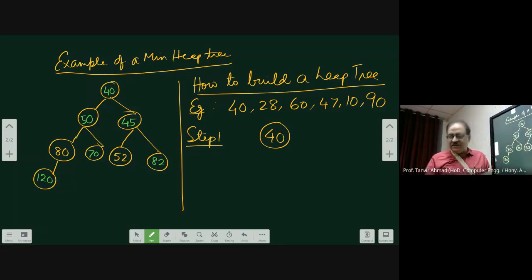Obviously, it is a complete binary tree, and of course, it is bigger than all its children, and there are no children. It is biggest. Now, at step 2, I am going to put, say, 28. I'll put this at this place.